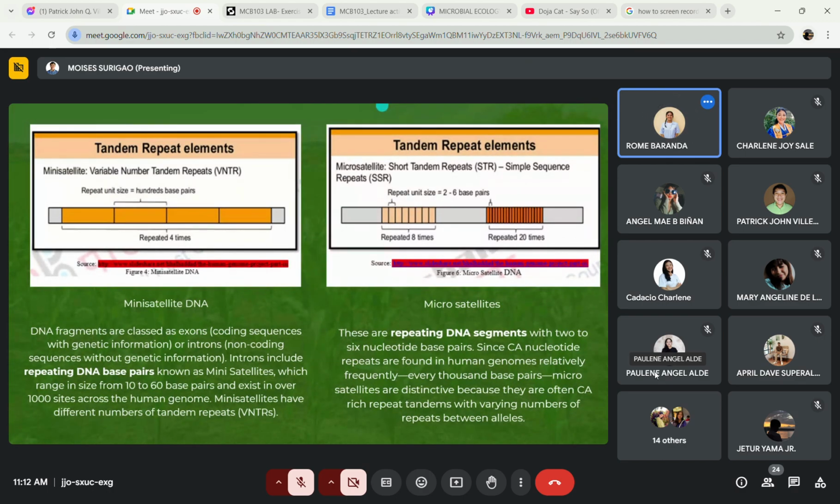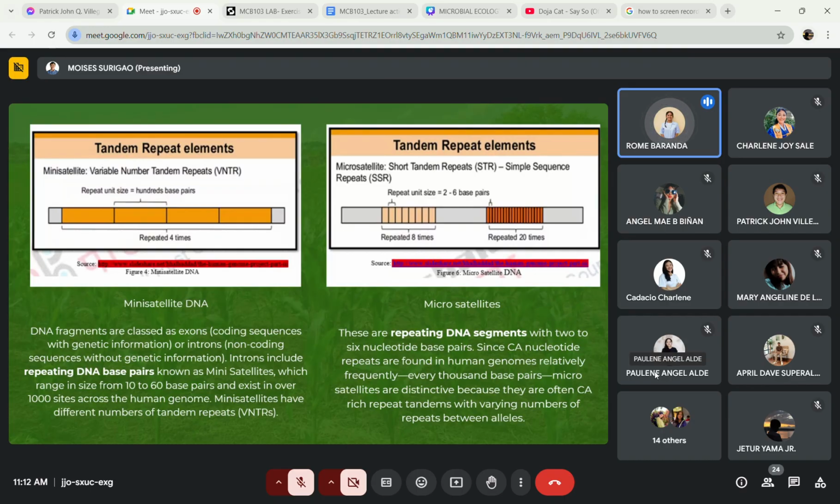The mini satellite DNA is applied using the DNA fingerprinting in population studies, whereas the microsatellites is genetic mapping, forensics, and paternity. And the example for the mini satellite DNA is the VNTRs or yung variable number tandem repeats, and yung sa microsatellites naman is the STRs or the short tandem repeats.